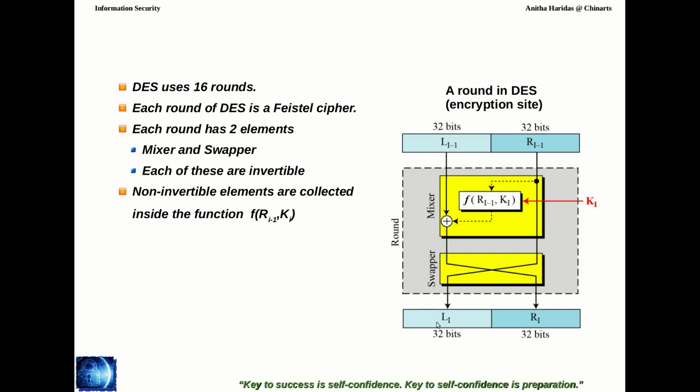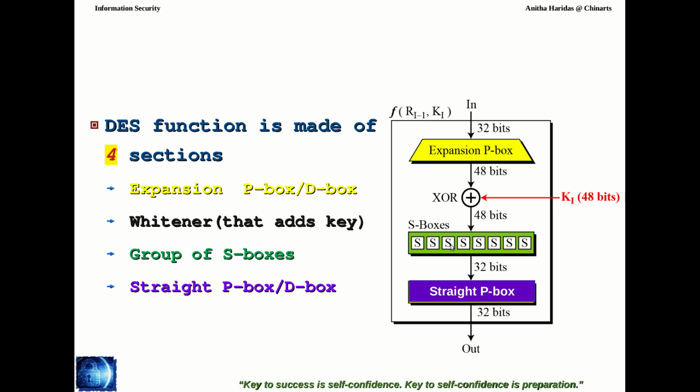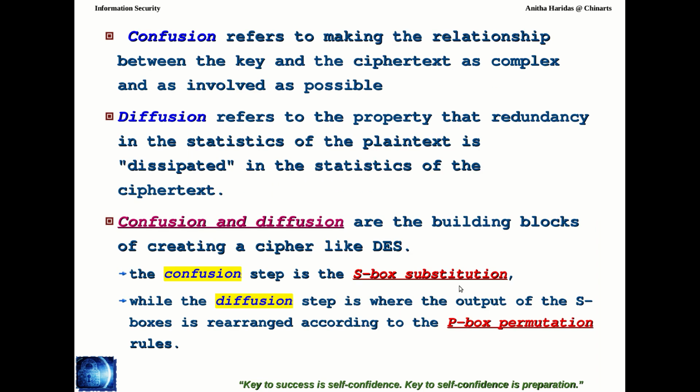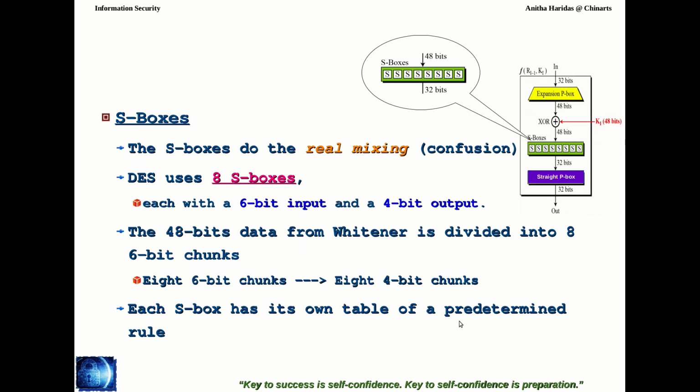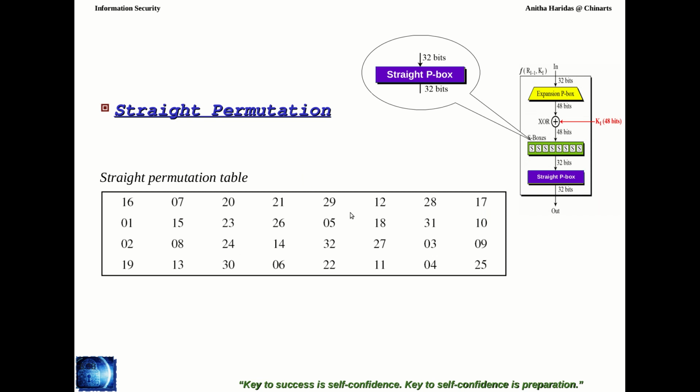Each round in the DES has these components, mixer and swapper, and the mixer uses a DES function, and the DES function again has 4 different components, which are explained here. The S-box does the confusion and the P-boxes do the diffusion. This confusion and diffusion do a lot of bit shuffling so as to secure your data.